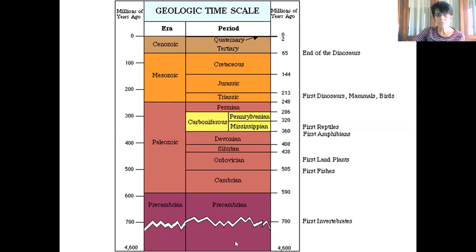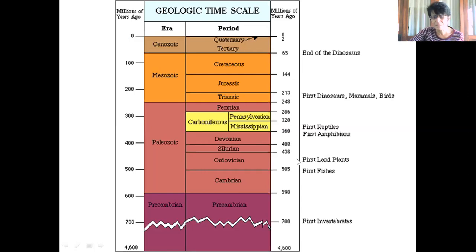The first invertebrates only arose 700 million years ago, so there was a long time when there weren't many organisms. Then if you look here, the first fish arose about 505 million years ago, between the Cambrian and the Ordovician period. That's how you read it. The first land plants are in the Ordovician as well, and you've got to estimate how many millions of years ago.